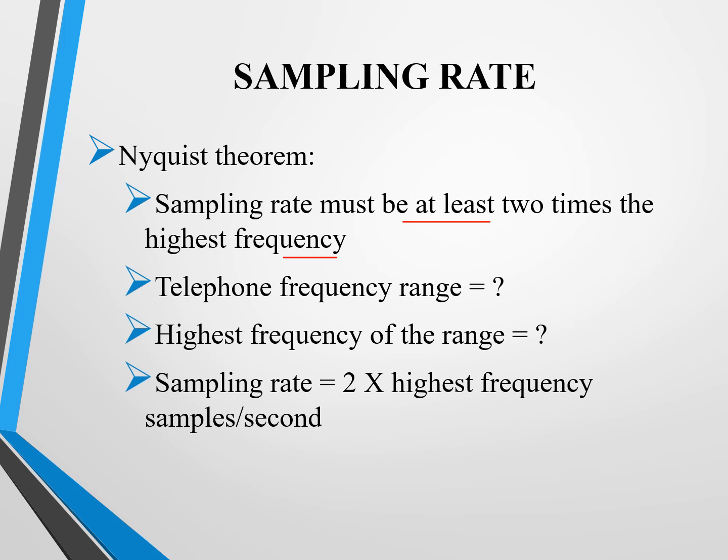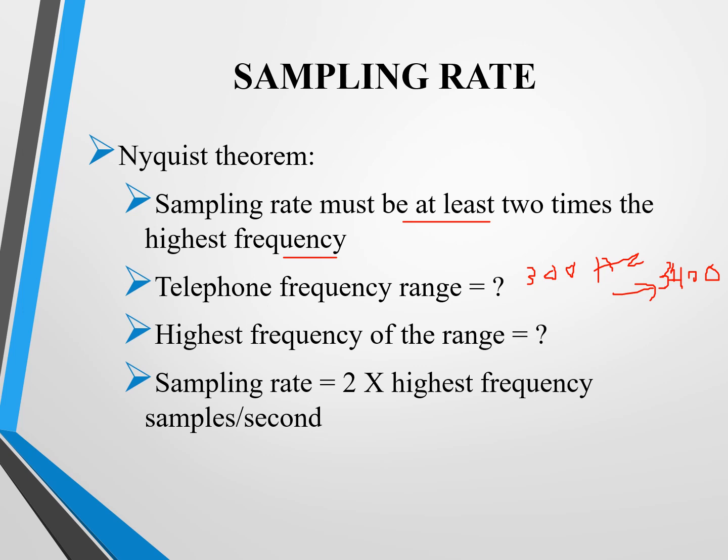आपको पता है कि telephone frequency range क्या है? So the telephone frequency range is 3000 hertz to 3400 hertz, right? So what is the highest frequency of the range?